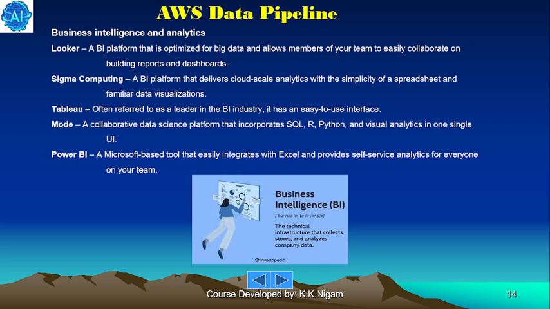It has an easy to use interface. Mode, a collaborative data science platform that incorporates SQL, R, Python, and visual analytics in one single UI. Power BI, a Microsoft based tool that easily integrates with Excel and provides self-service analytics for everyone on your team.